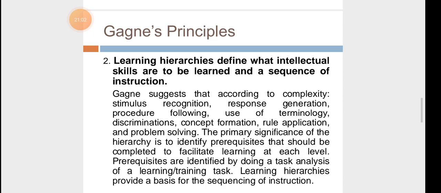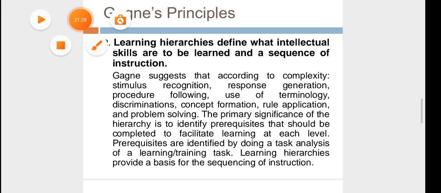It also gains principles. Number 2, learning hierarchies define what intellectual skills are to be learned in the sequence of instruction. That Gagne suggests that according to complexity: stimulus recognition, response generation, procedure following, use of terminology, discriminations, concept formation, rule application, and problem solving.